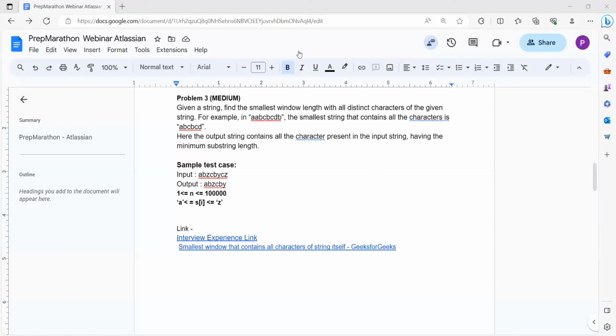Hint is you'll start from left to right. Okay. And take care of frequency. Like whenever you are able to get all the characters, then what you can do is you can start compressing, like moving your start. Okay.